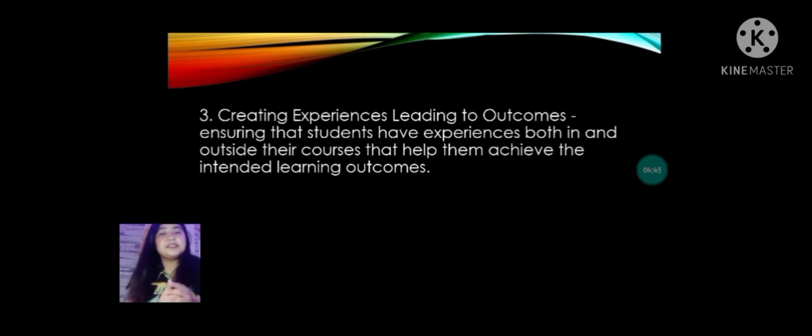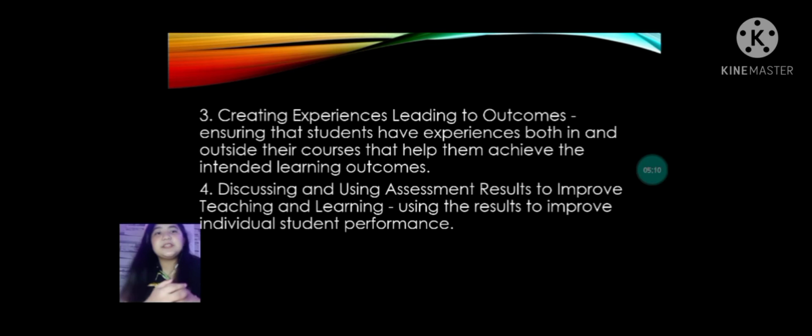So, number 3 is creating experience leading to outcomes. So, in this is ensuring the student have experience both in and outside their courses that help them achieve the intended learning outcome. So, kailangan dito is si student is ma-experience niya pa rin yung both in and outside their courses para mas ma-achieve nila yung intended learning outcomes nila.